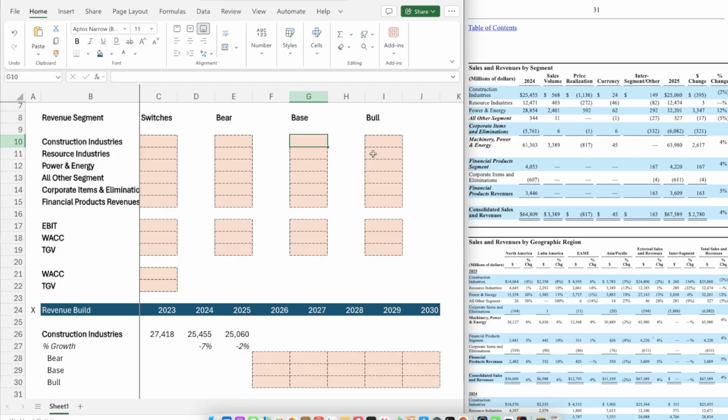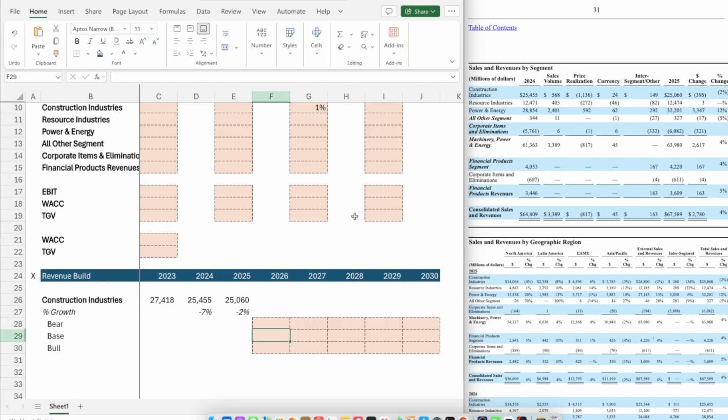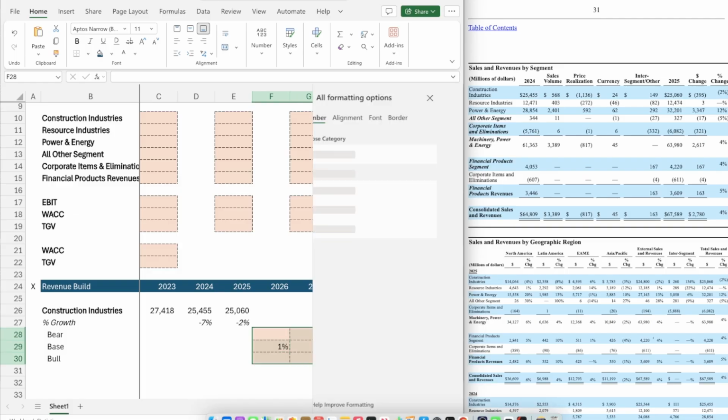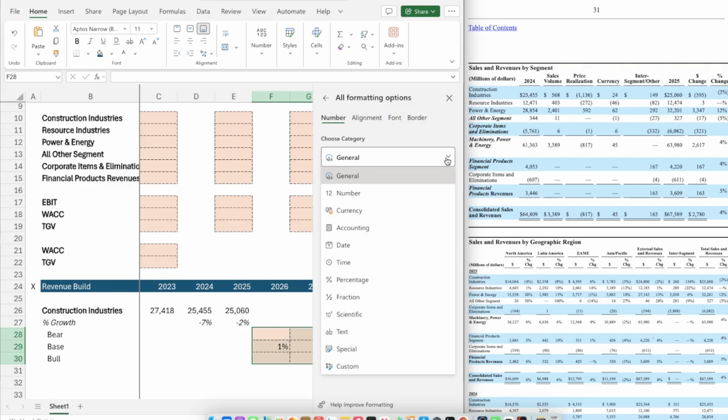So let's say it goes to 1%. Maybe let's put 2%, and then we put 1% here, rather than taking an average of this minus 7% and a negative 2%.